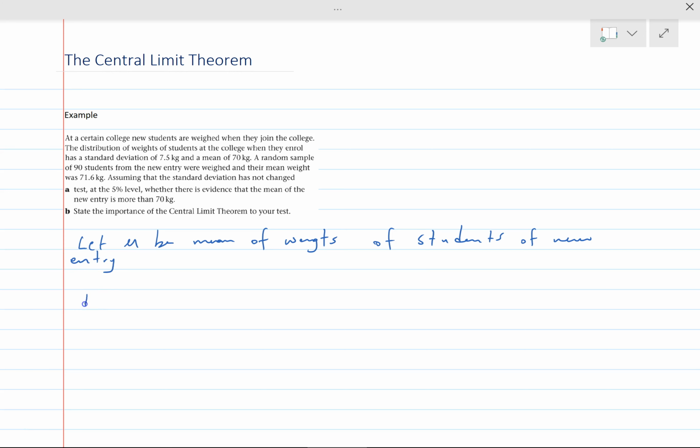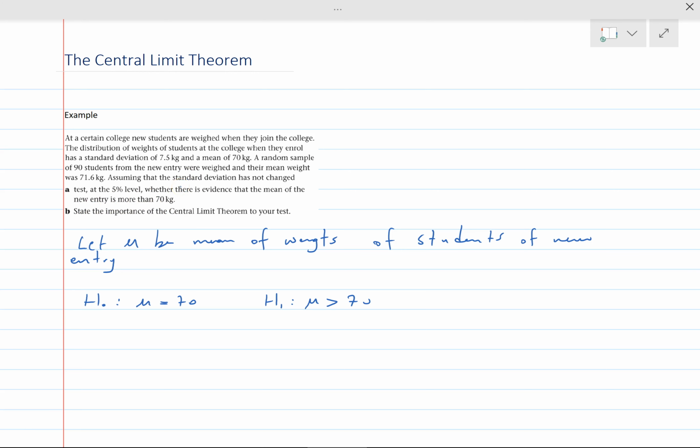Right, now the null hypothesis is the same as it's always been, so mu is equal to 70. But the alternative hypothesis is that mu is greater than that. We think that this new entry is bigger, and it's all in the word in the question: new entry is more than 70 kilograms, and hence one-tailed.